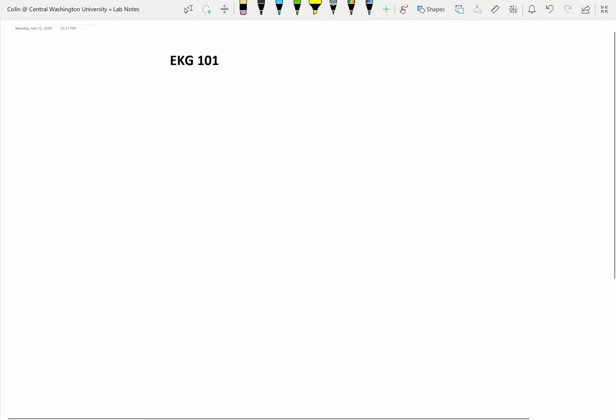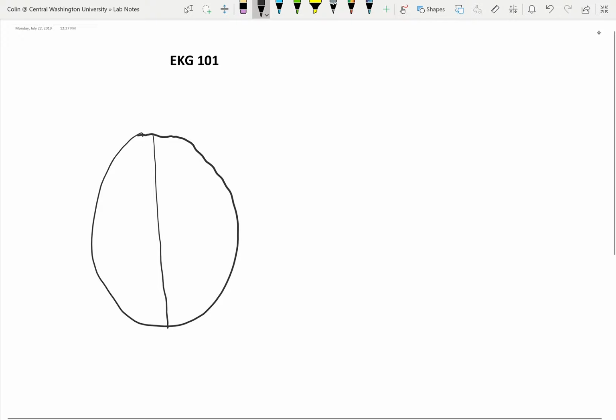So your heart anatomy, right? We should all remember this roughly from EMT school. There's your heart, and it has 4 chambers. You have the right atrium and the left atrium, and you have the right ventricle and the left ventricle.